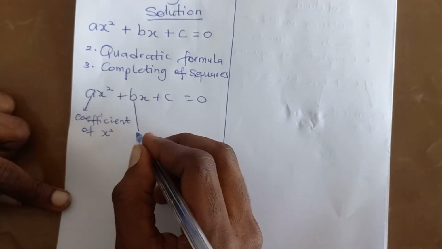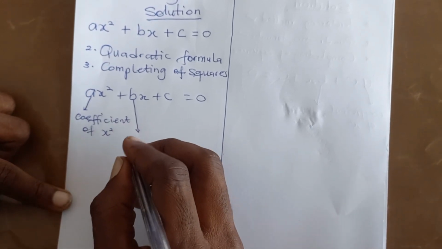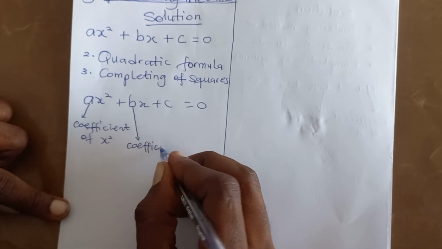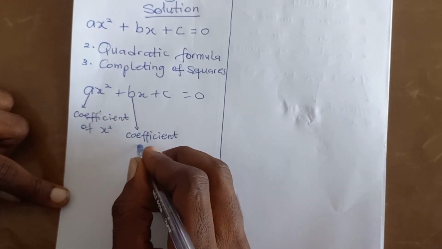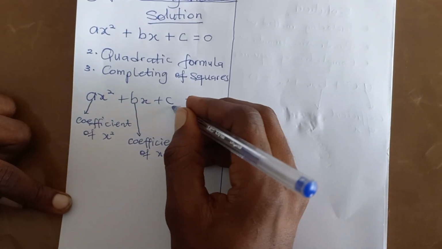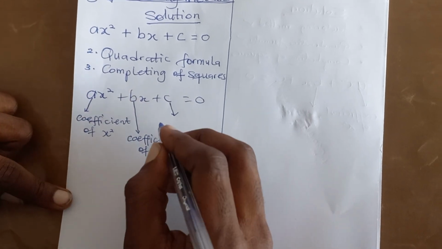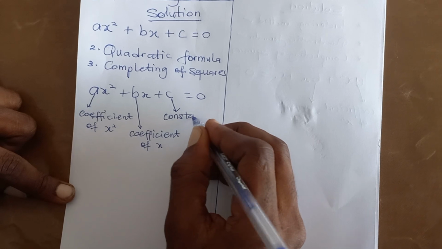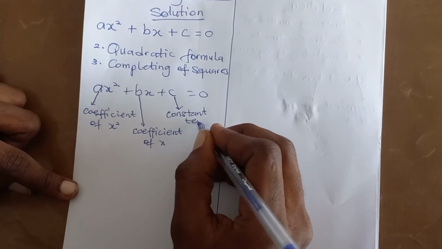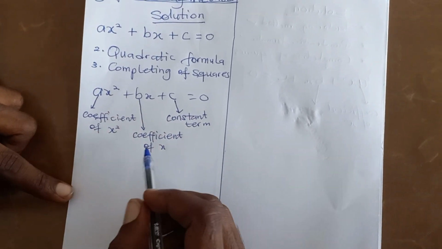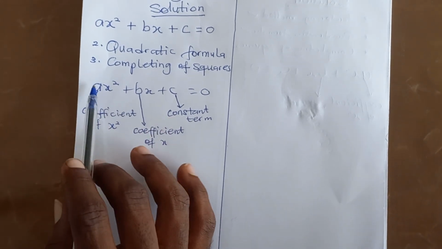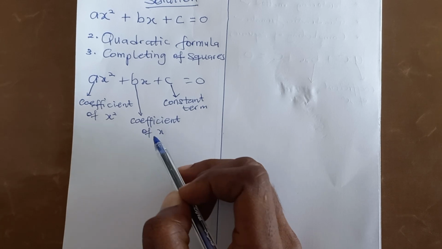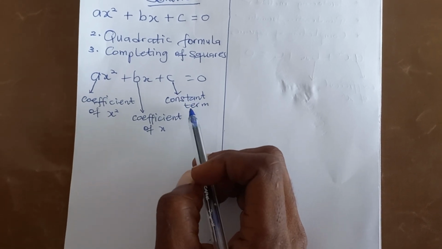The b is called the coefficient of x. Then our c here is the constant term. So that's it. The a is the coefficient of x squared, the b is the coefficient of x, and the c is the constant term.